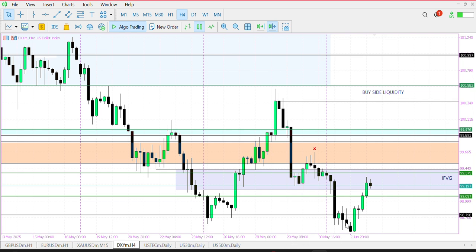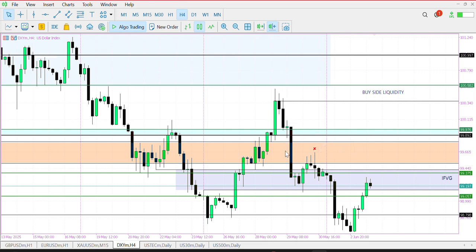It started going high, high up. This area I have highlighted here, as price was coming lower, this level was supposed to act as a support level for price to bounce and continue going up.